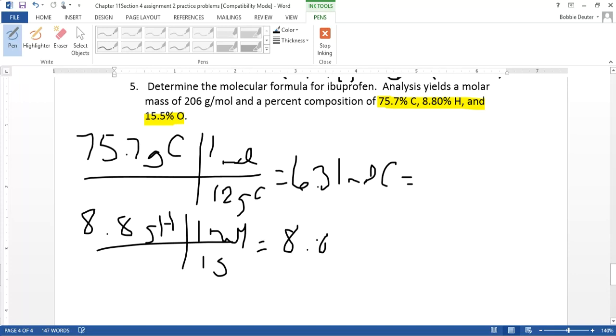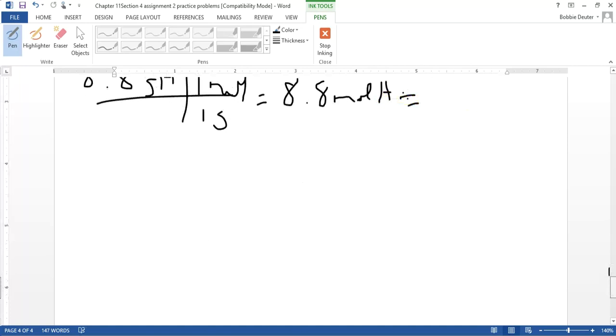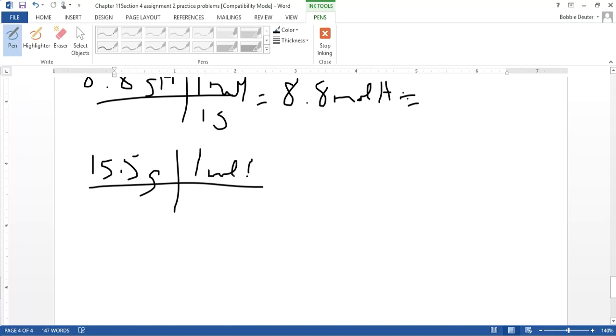It's 8.8 moles hydrogen. And our last one is going to be 15.5 grams of oxygen. 1 mole, 16 grams of oxygen equals 0.97 moles of oxygen. Well, obviously our smallest one is 0.97.